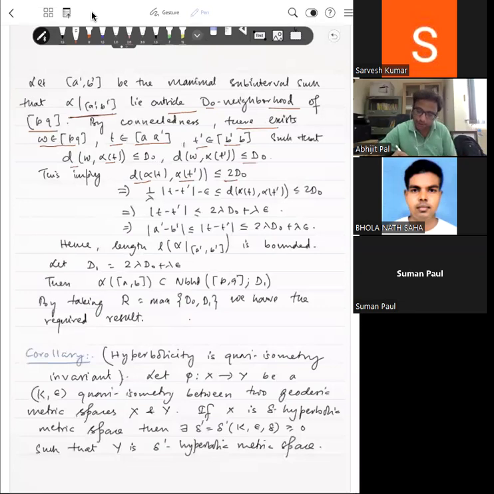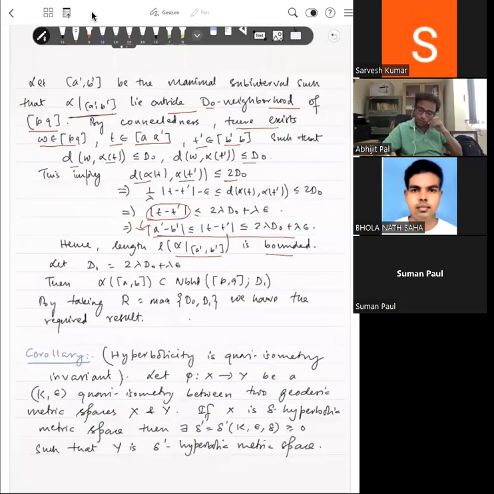Again, you apply that alpha is a quasi-geodesic. From this, we get a bound on T and T prime, and from here we get a bound on the distance between A prime and B prime. So this will prove that the length of alpha restricted to A prime B prime is bounded.